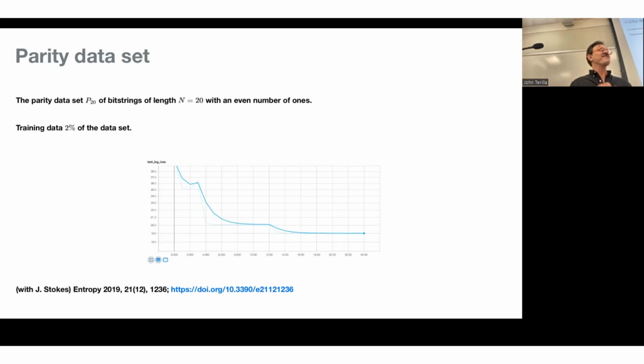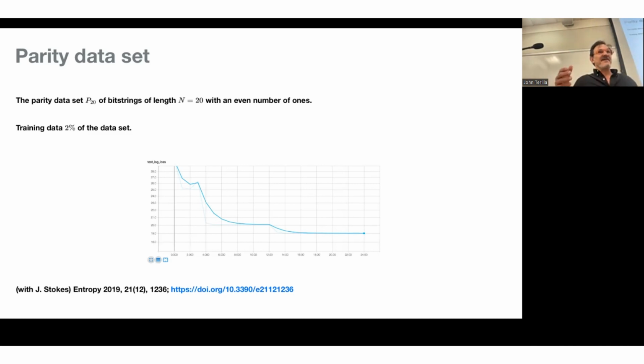So you want to produce a generative model that when you sample, samples uniformly all the even parity bit strings. This is an interesting problem because it's extremely frustrating for things like LSTMs or recurrent neural networks to learn this data set, because there's no information in the conditional probabilities. If I give you my bit string up to position 16, it gives you no information about what the 17th character is. It could be anything.